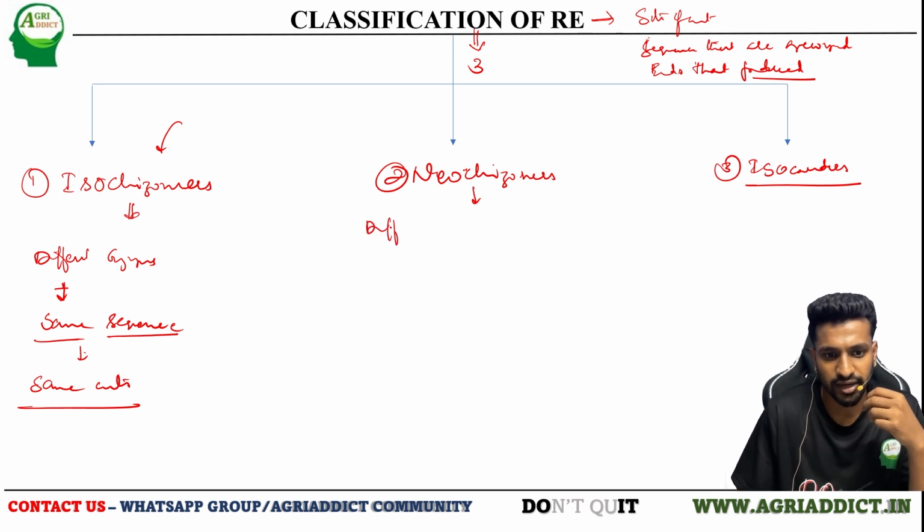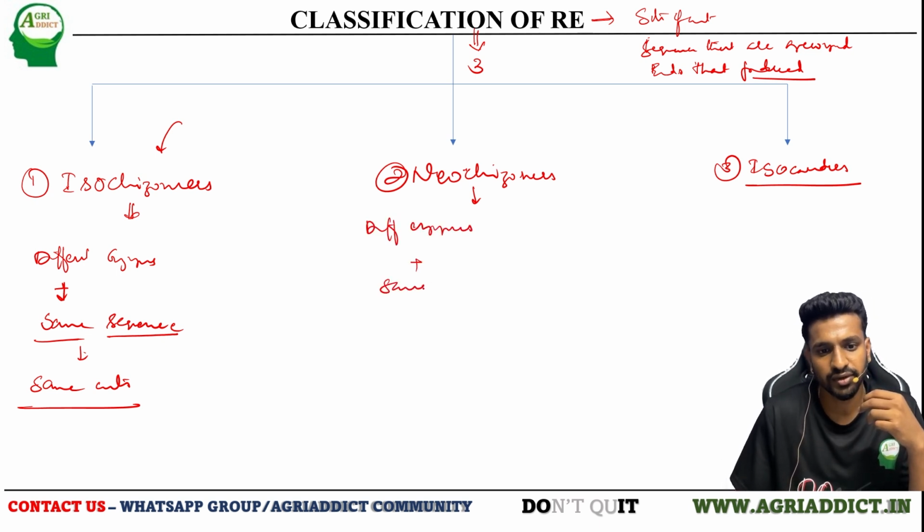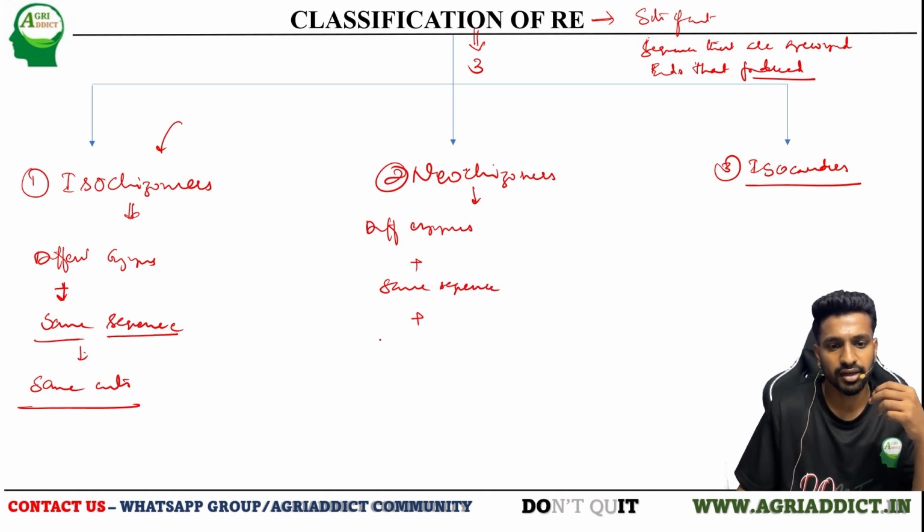Again, there are different enzymes with the same sequence identification, the same restriction sites, but different cuts. The cuts are made in a different location.